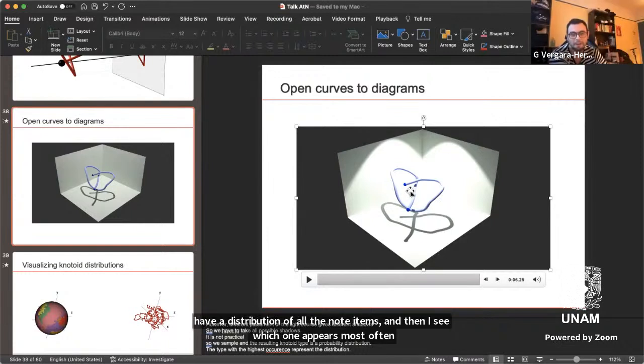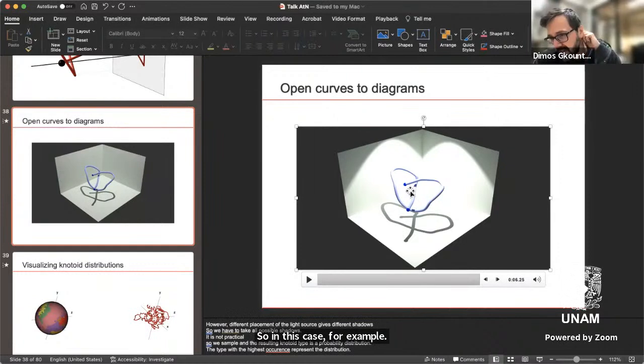So in this case, for example, we had three projections, so our distribution had two knotoid types: these two walls have the same knotoid, and this one has a different knotoid. Since the knotoid with the two crossings appears most of the time, we say, okay, this is this one here, 2-1. This is a 2-1 knotoid that represents the whole distribution, and the distribution represents the whole curve.